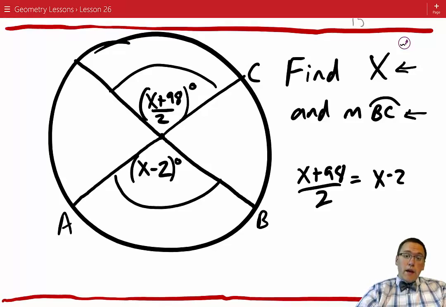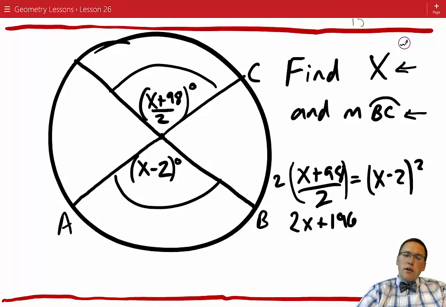So, if we want to get the x by itself, we should get rid of this 2. One way we can get rid of this 2 is by multiplying both sides by 2, which would give us 2x plus 196 equals x minus 2.